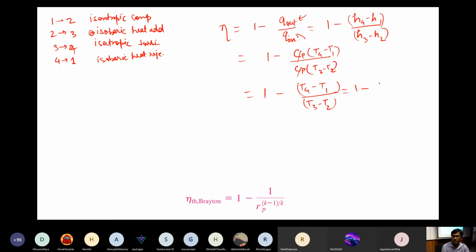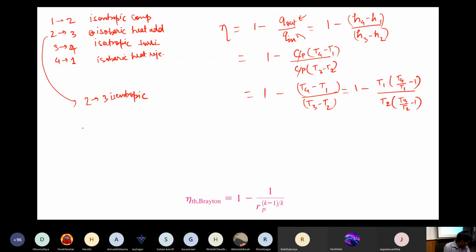Okay, so T1, let me take this common: T4 by T1 minus 1, divided by T2 common, T3 by T2 minus 1. Now the 2 to 3 process is isentropic.